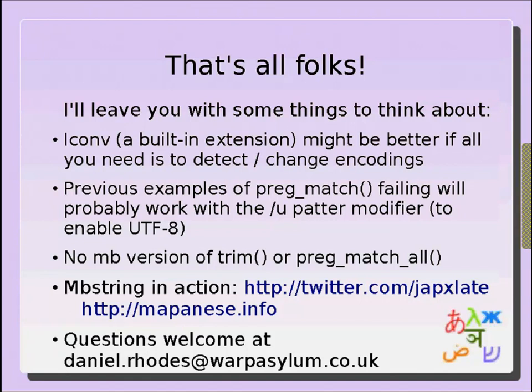Yeah, I mentioned preg_match, which isn't an mbstring function. It actually does work with UTF-8, so that's something to keep in mind as well. Okay, there isn't an MB version of trim or preg_match_all, or actually fgetcsv.